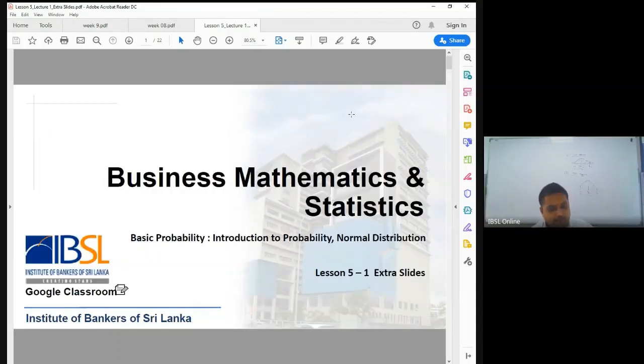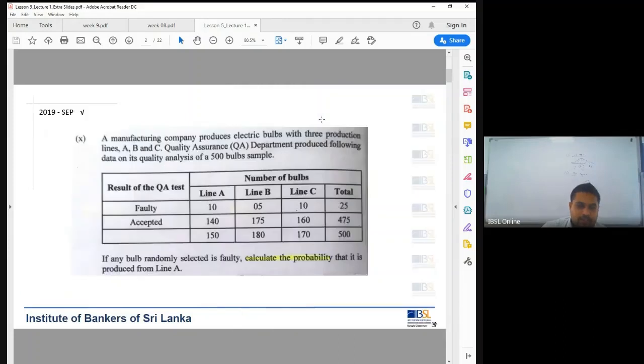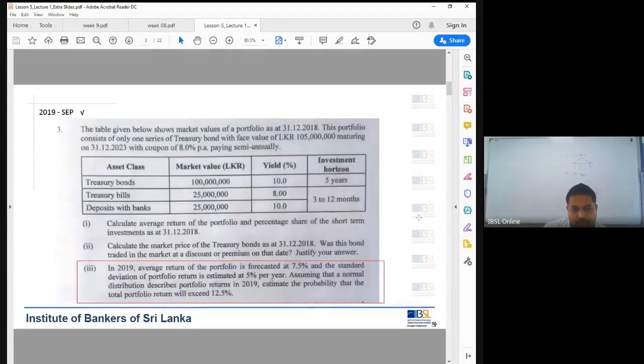So with the completion of previous week's discussion on probability and normal distribution, we have covered some questions. I think we did this 2019 September paper completely. This is a question on the probability computation.